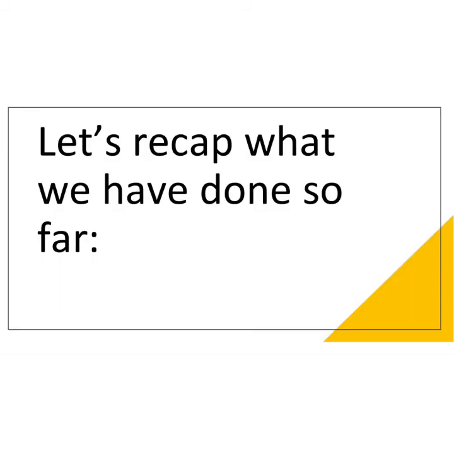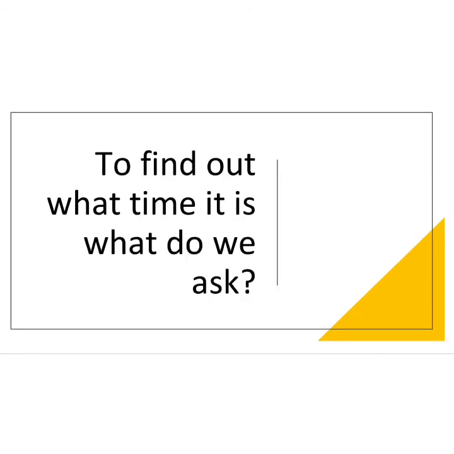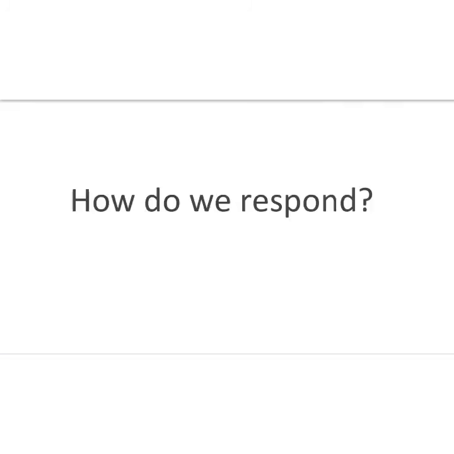Bueno, ahora vamos a repasar. Let's recap. To find out what time it is in Spanish, what do we ask? Excelente. To find out what time is it, we ask ¿Qué hora es? And how do we respond to the question? Muy bien.